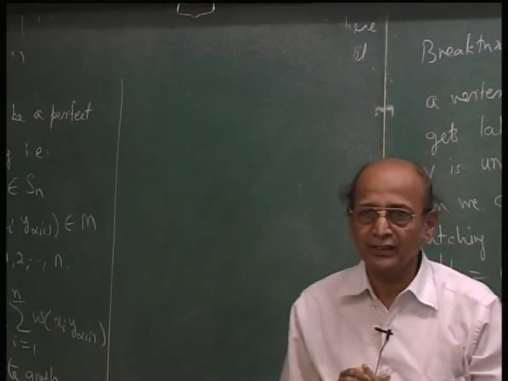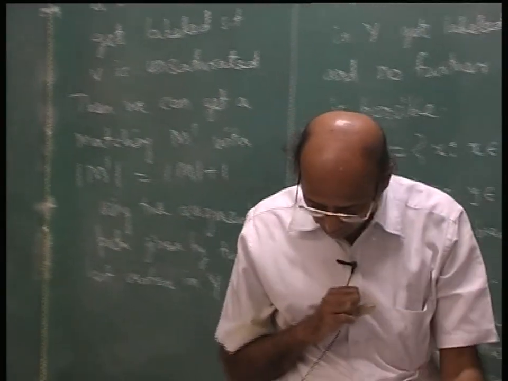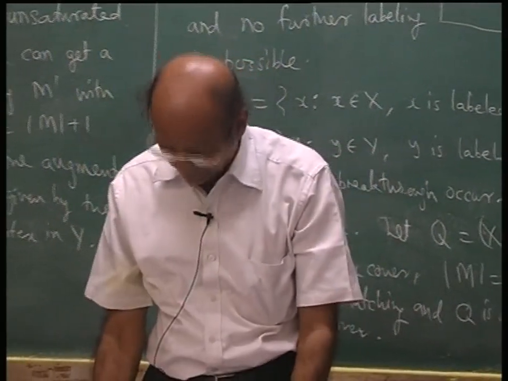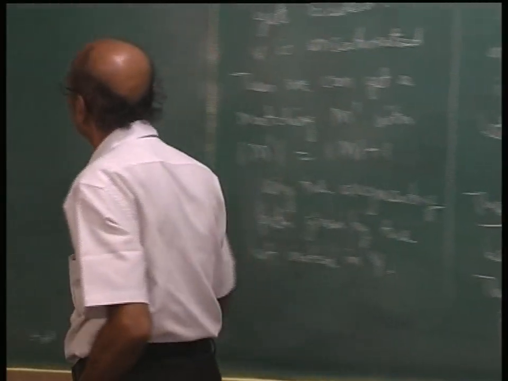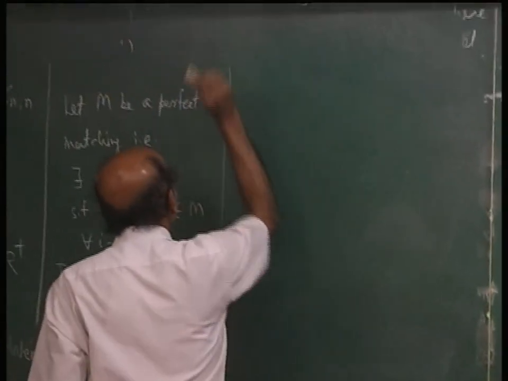In order to handle this, what you do is you sort of introduce auxiliary vectors of real numbers.